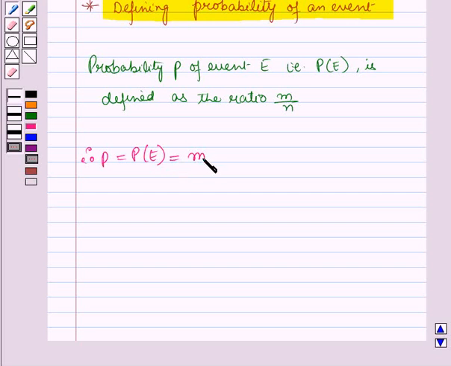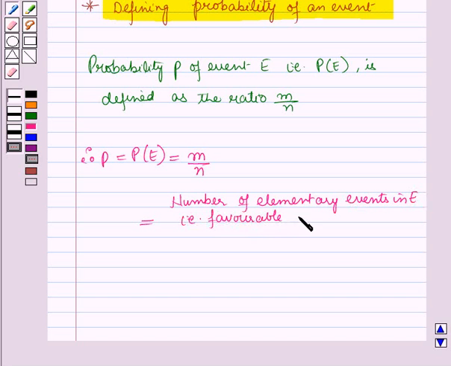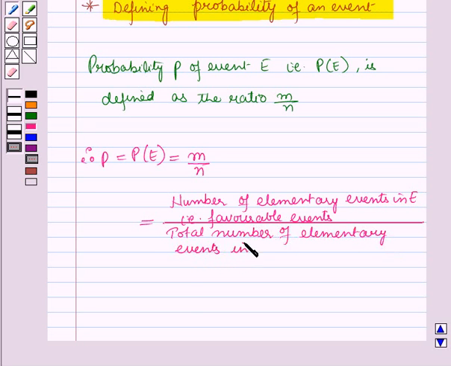Therefore, we can write the probability of an event E, P of E, is equal to m over n, which is equal to the number of elementary events in E, that is the favorable events, whole upon total number of elementary events in the random experiment.